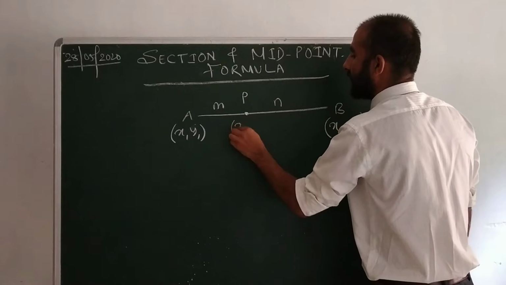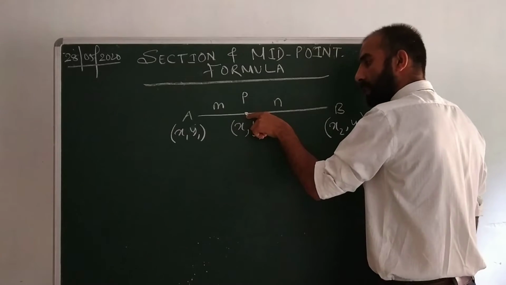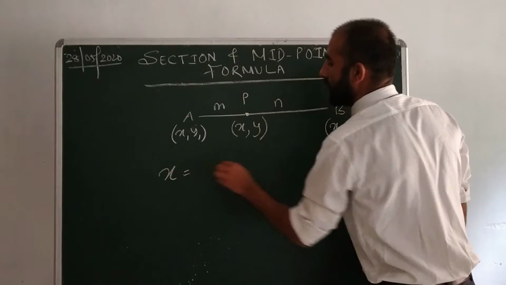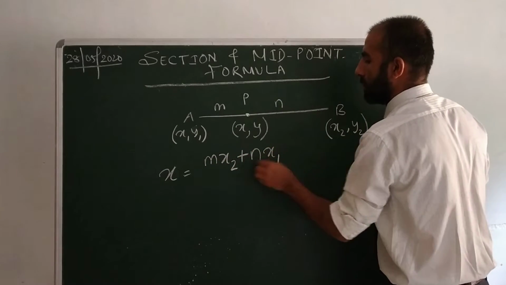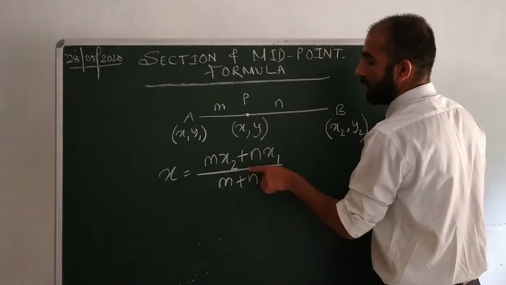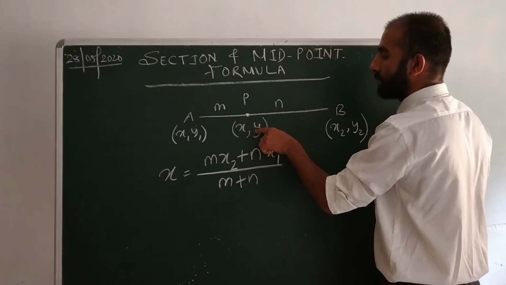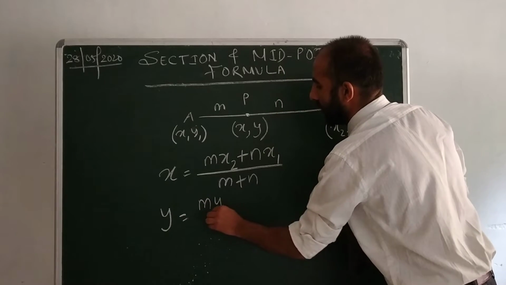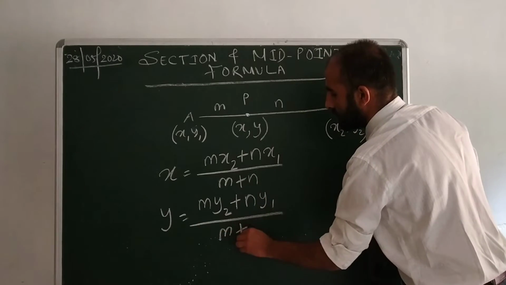If x and y are the coordinates of P, then according to the section formula, the coordinate of x is given by (mx2 plus nx1) by (m plus n), and the y coordinate of point P is given by (my2 plus ny1) by (m plus n).